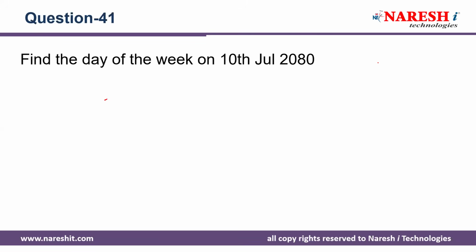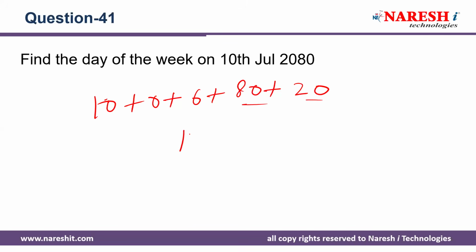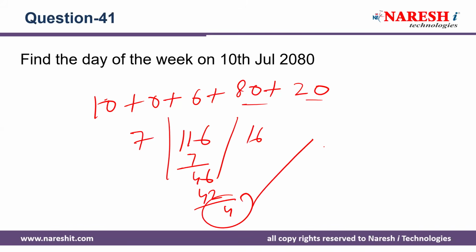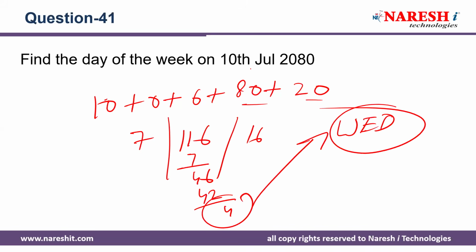Let's check again. 10th July: 10, July code 0, year code 6, last two digits 80, 80 by 4, 20 times. 10 plus 0 is 10, plus 6 is 16, plus 80 is 96, plus 20 is 116. 116 by 7 gives remainder 4, which is Wednesday. Whoever gave Wednesday, that's the correct answer. Please check your calculation, guys. Even with a simple concept, you're not giving the correct answer.